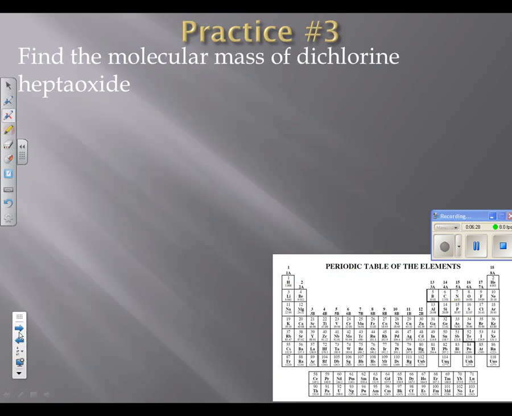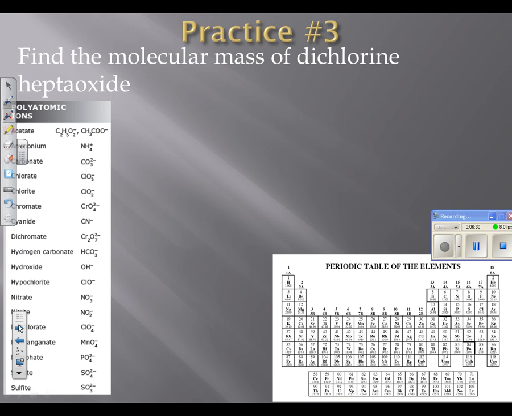And our last example, dichlorine heptoxide. Keep in mind, now we're doing the molecular formula, molecular mass. Dichlorine is Cl, 2, di means 2, oxide is O, hepta means 7, Cl2O7. So chlorine, we have 2 of those. Chlorine's way over here, times 35.45.